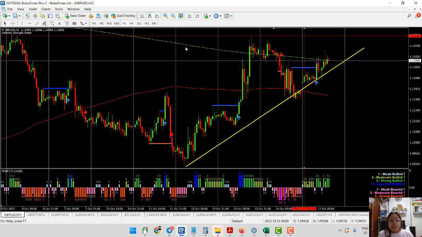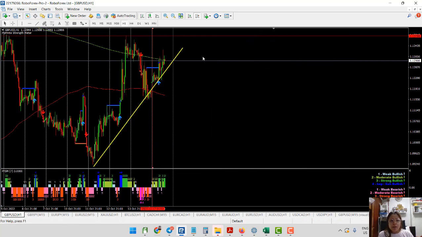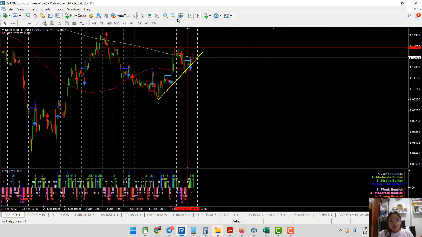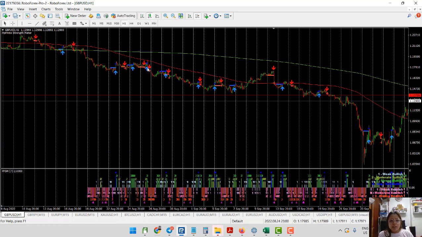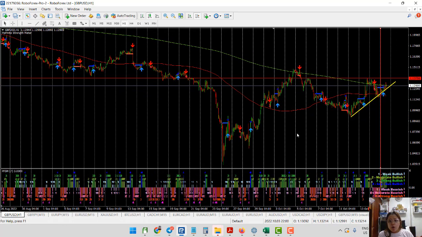So if you examine the H1 time frame, the trend would be a downtrend, because as you can see there are lower low, lower high, lower low, lower high.